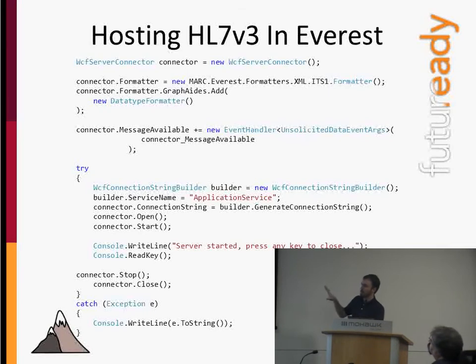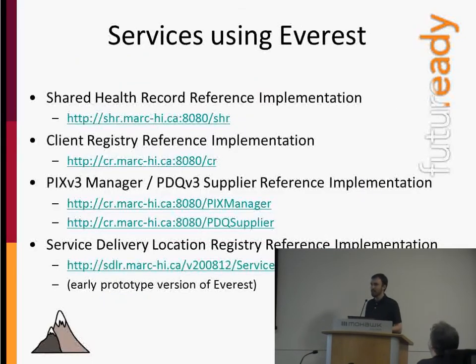So it was really flexible in how we leverage Everest, and we have 4 pieces of software running in our lab that have been prototyped on Everest, and these are live endpoints. You can actually hit these, and they'll respond to you with data. As a matter of fact, I think for most of our projects, we're using the PIX and PDQ v3 reference implementation of how to use Everest.